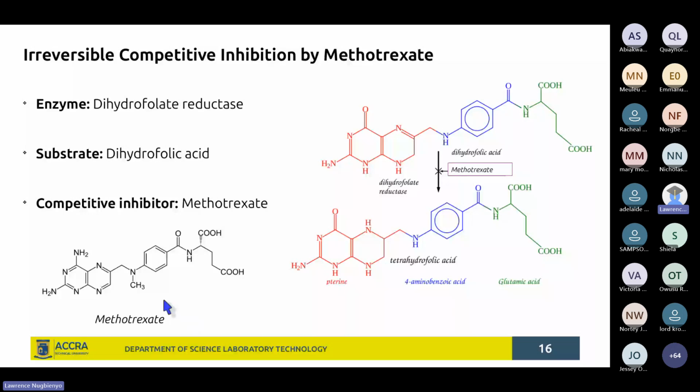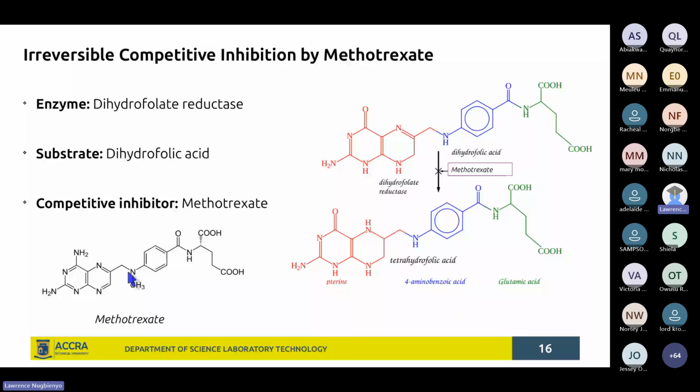And of course, that should tell you that this is really much more needed, particularly also because if you're using methotrexate in chemotherapy, for instance, we are talking about inhibiting the biosynthesis of tetrahydrofolic acid. And even normal cells require the tetrahydrofolic acid to grow, to reproduce.